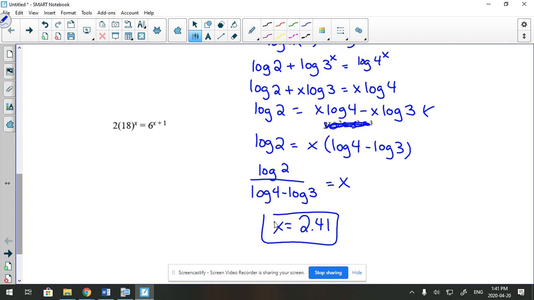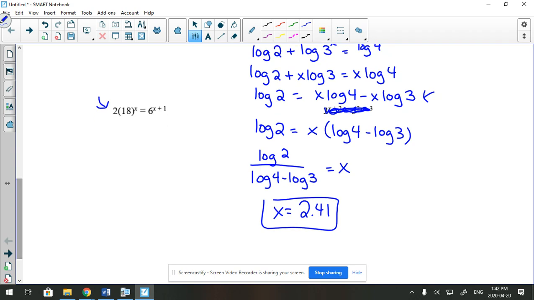The other ones are done similarly, but I will do this guy here. So again, same thing. You see you have an x on both sides there. So immediately just take the log of both sides. Okay, so now what we can do is split up the logs.